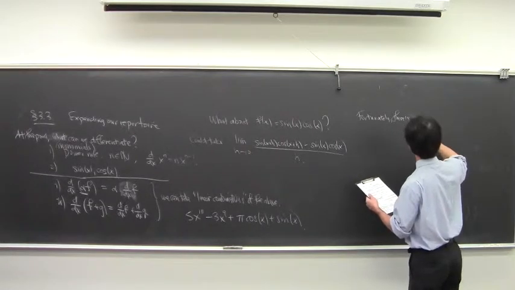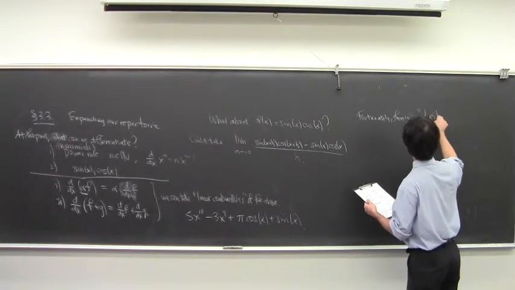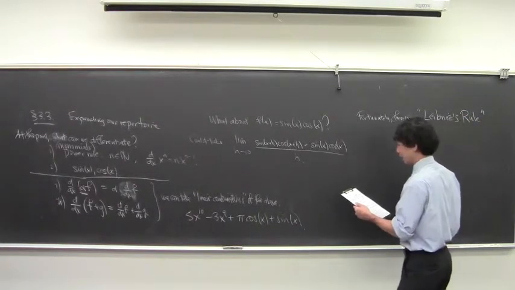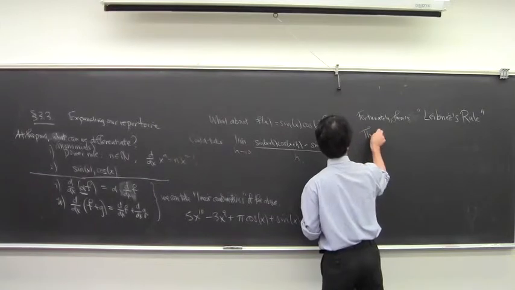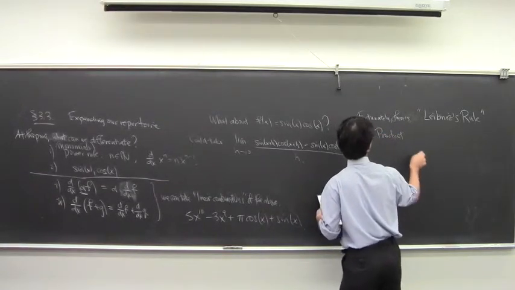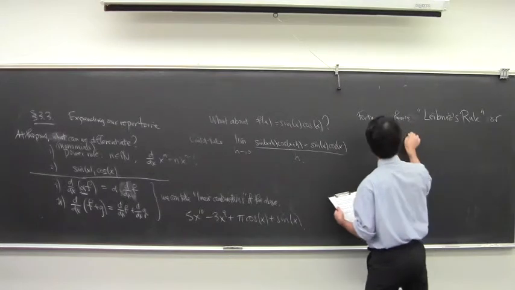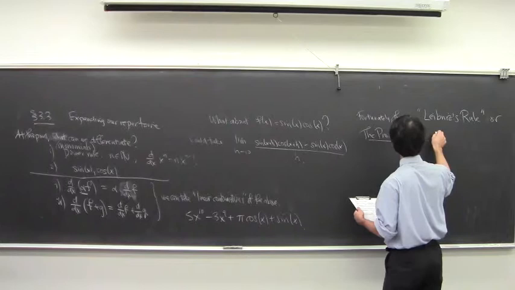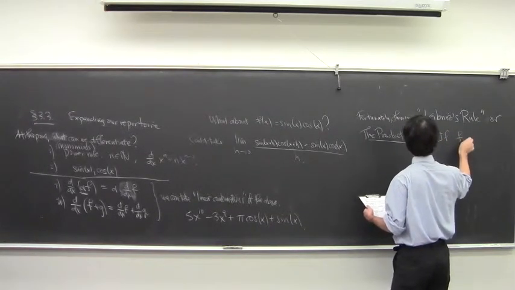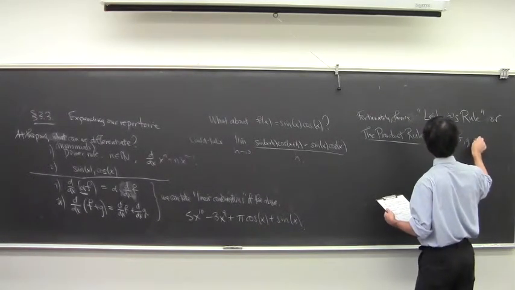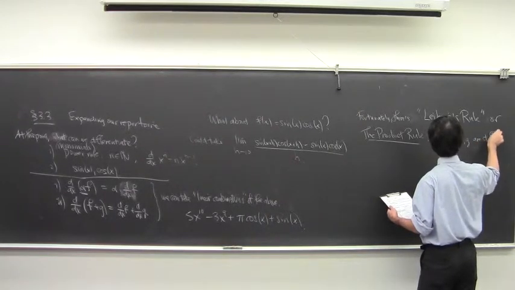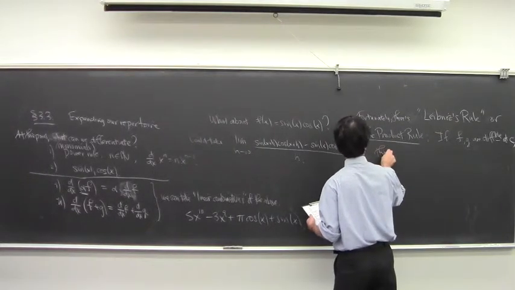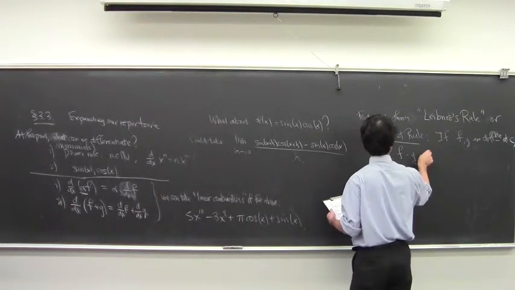There's a rule. There's something called Leibniz's rule, or it's also called the product rule. And it's just what Isaac was saying: if you have two functions which are differentiable at some point c, then in fact the product is differentiable at c.